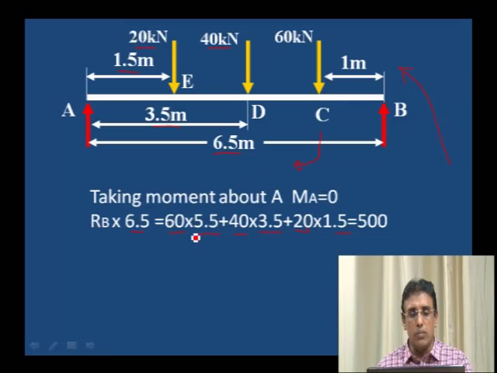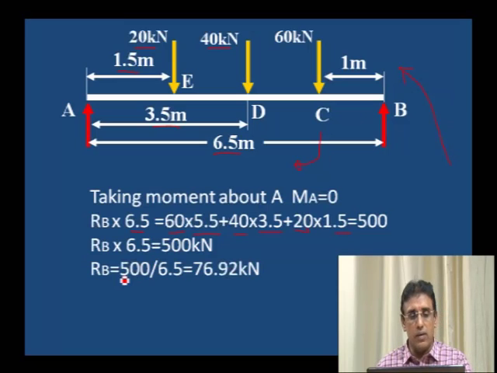This is the total moment of loads, and RB into 6.5 is the moment due to reaction. From this we can easily calculate RB is equal to 76.92. To calculate RA, what we have to do?